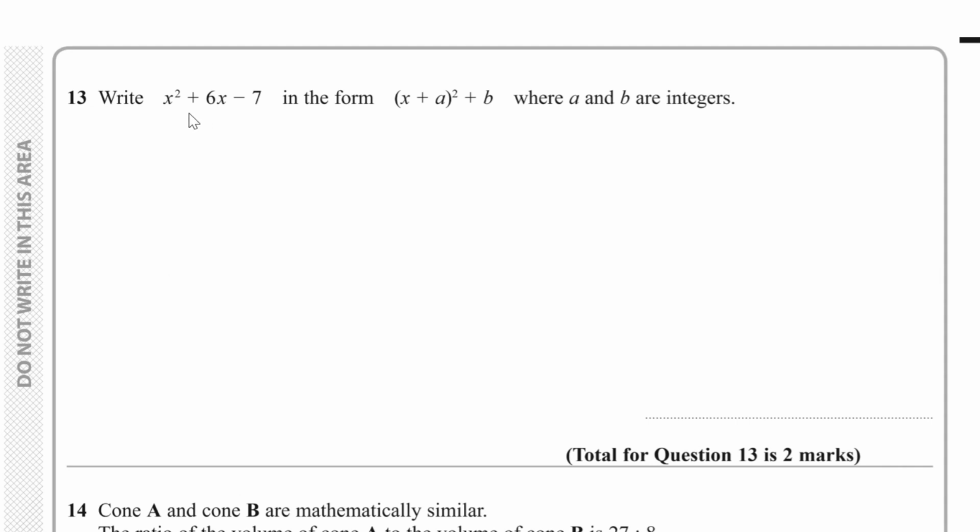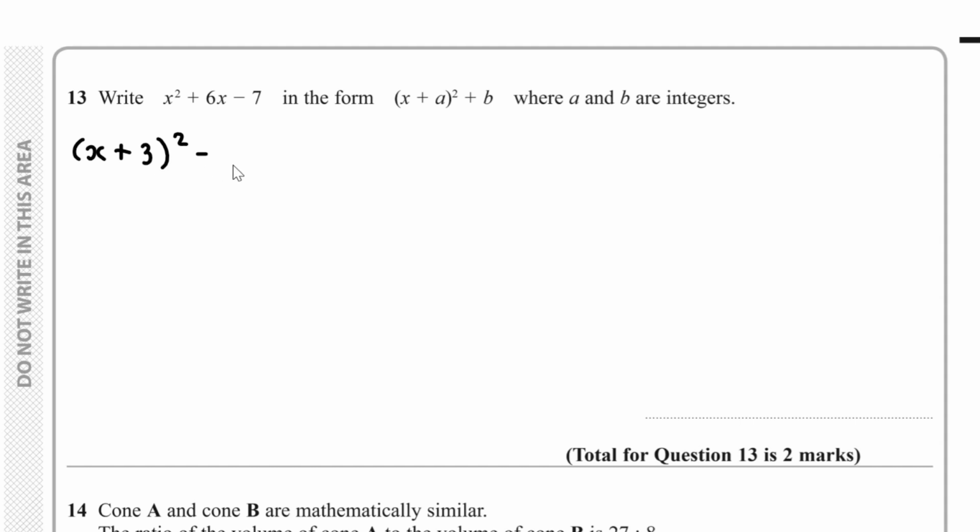Question 13, we have to write x squared plus 6x minus 7 in the form x plus a all squared plus b, where a and b are integers. Well, here clearly, to express this quadratic in this form, we have to complete the square. So first of all, we halve the coefficient of x. Half the coefficient of x is 3. So we have x plus 3 all squared.